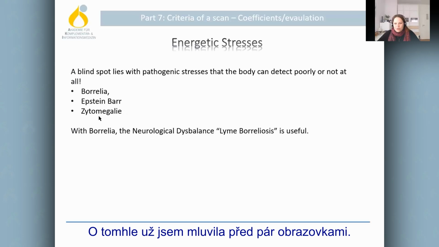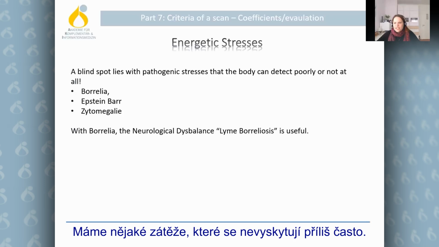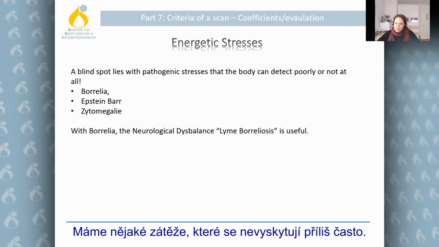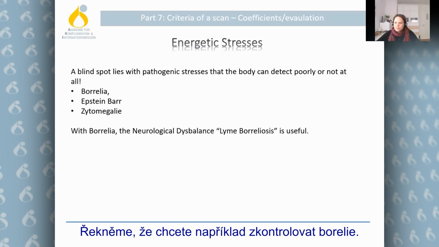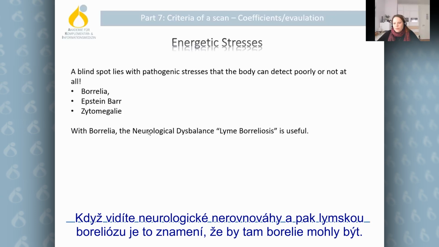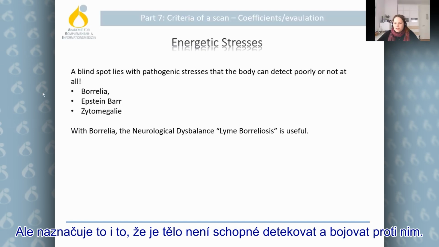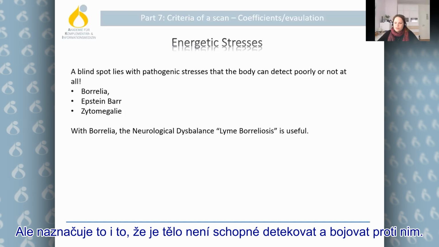This is what I told before, some slides before. We have special stresses that don't show up really often. So when you want to check for Borrelia, when you see the neurological disbalance and you have Lyme borreliosis, you can use it as a sign that the body is not able to detect them and fight against them.